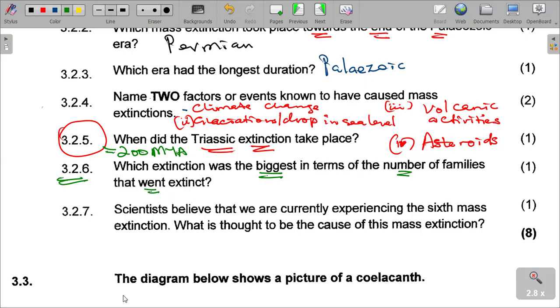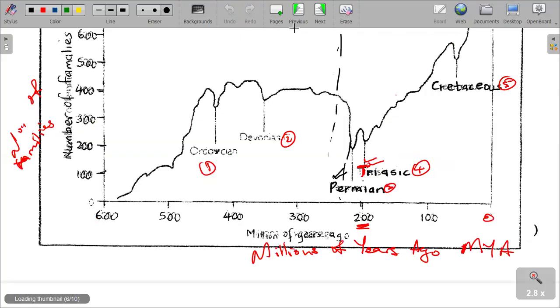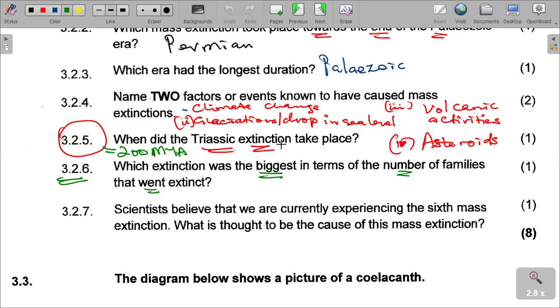We are to look also on our graph, which one was that? Which extinction was the biggest in terms of the number of families that went extinct?